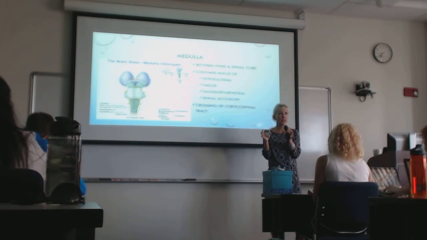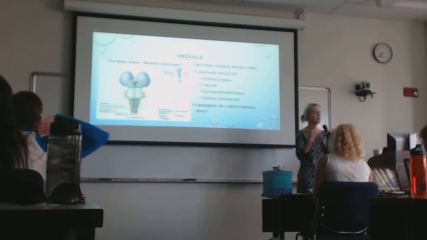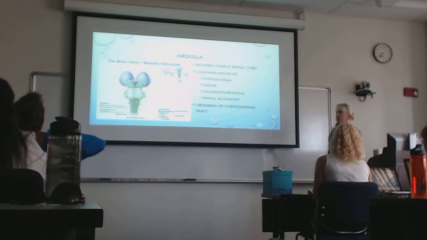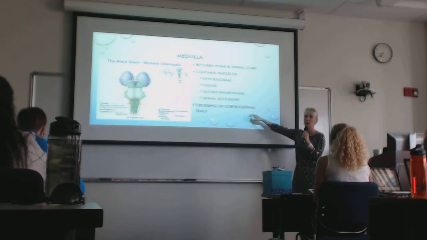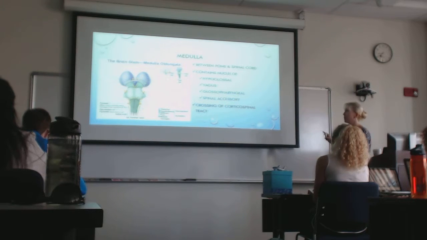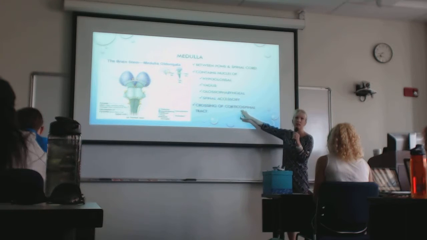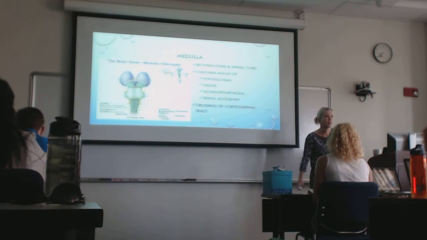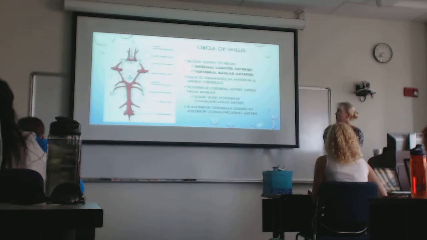So clinically, it may not always fit the right picture, but at least it gets you in the right direction. When we talk about the medulla, this is between the pons and the spinal cord. Again, this is going to be hypoglossal, vagus, glossopharyngeal, and spinal accessory, and this is where we actually have the crossing of those corticospinal tracts as they head down the spinal cord itself.